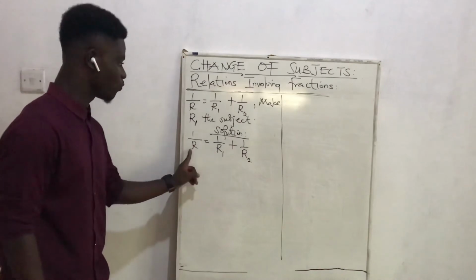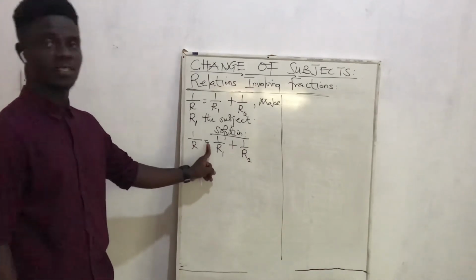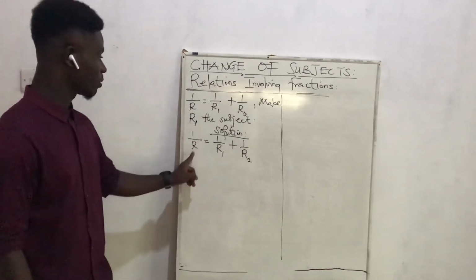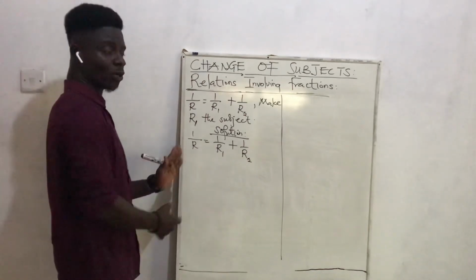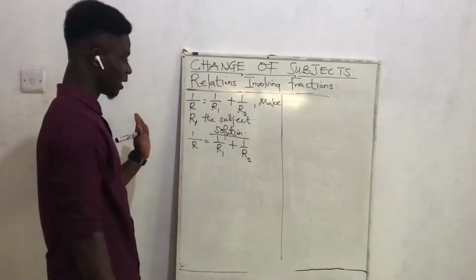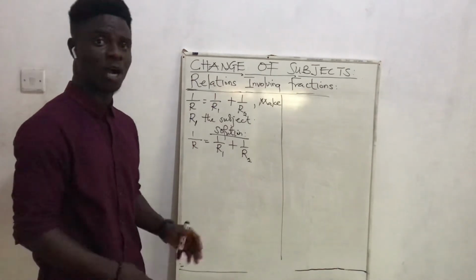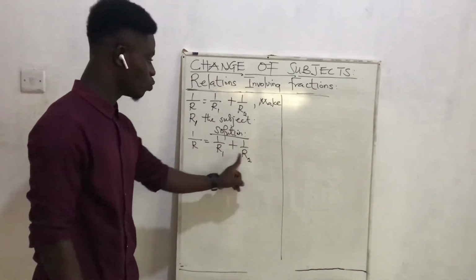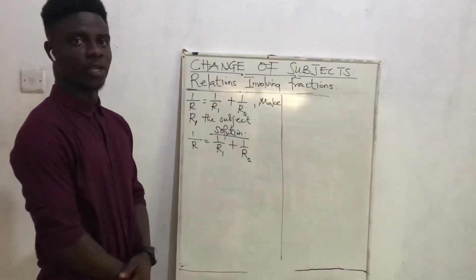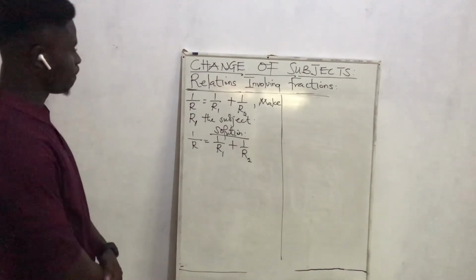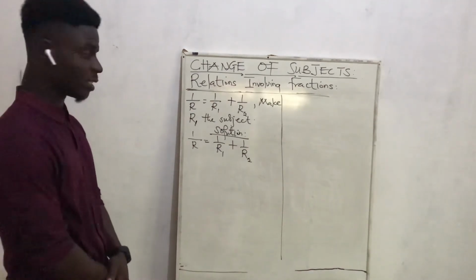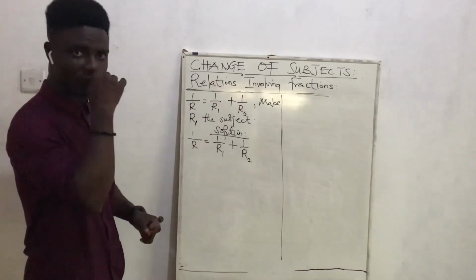Then these are separated from the other by this equal sign. So we have 1 term at the left hand side, 2 terms at the right hand side. So we have 1, 2, then 3 terms in all. So how do we find the LCM? Look at how I'm finding the LCM.